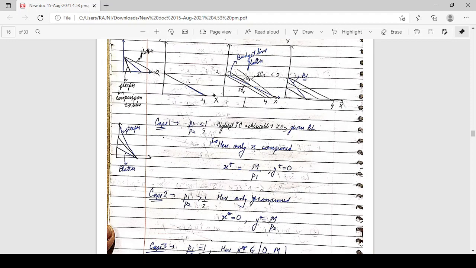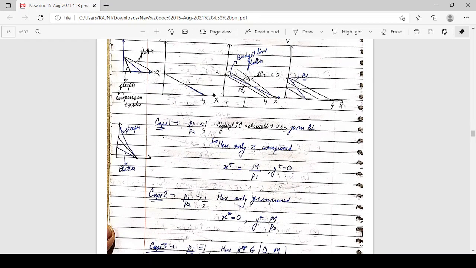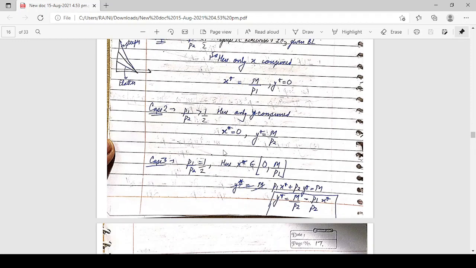And if the slope of the budget constraint is greater than that of the indifference curve, it means that the rate at which the consumer can exchange goods in the market is more than what the consumer would like to exchange by his own preference. So in this manner the budget constraint will be steeper than the indifference curve, and the consumer will be consuming all of y and none of x. The consumption of x will be equal to 0, and the consumption of y will be m upon p2.